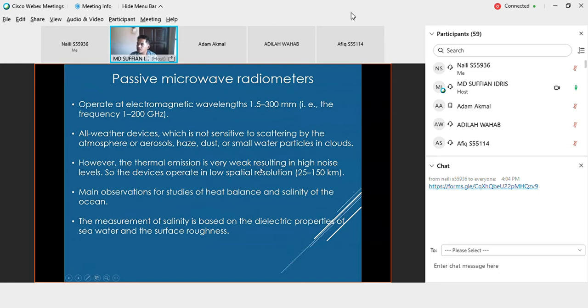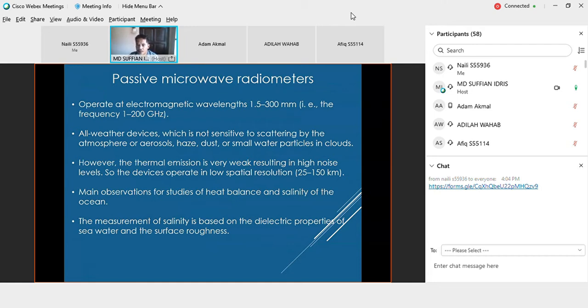So passive microwave radiometer. The advantage of passive microwave radiometer, they can penetrate the clouds. Dia tak sensitif pada scattering, so you can get the data anytime, anywhere.